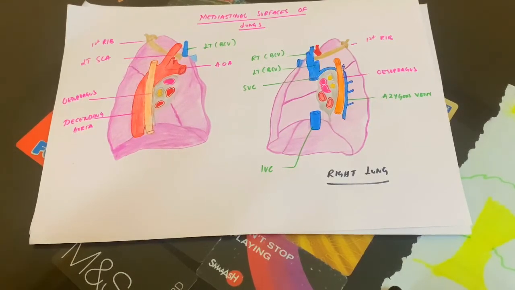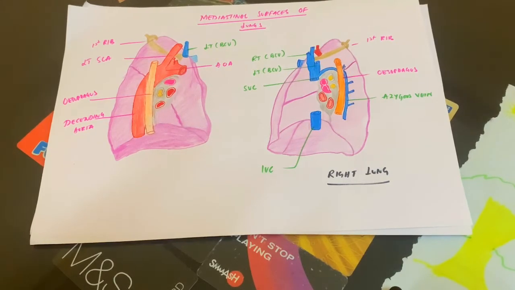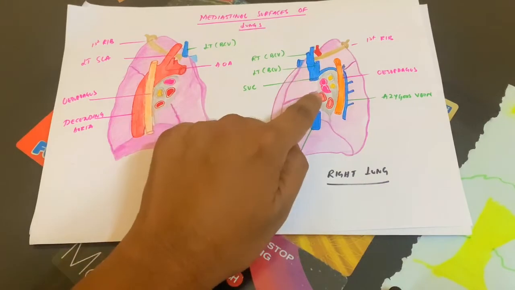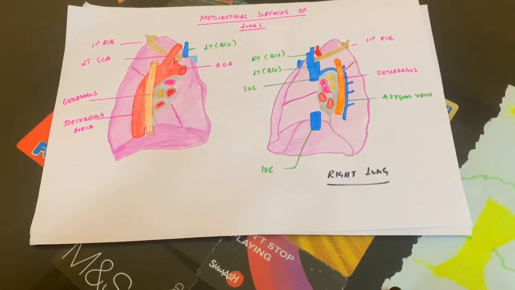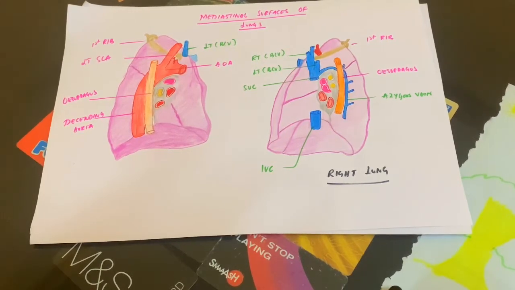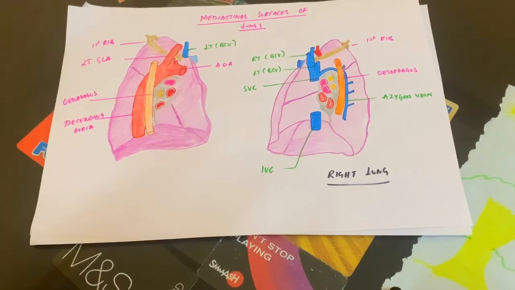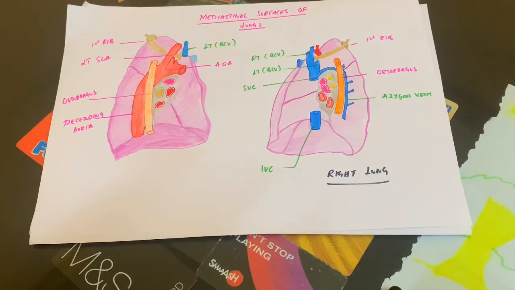When you see the medial surface of the left lung, you see a structure called the hilum. So this is the hilum. The hilum is where the structures enter into the lung or leave the lung. That particular point is called the hilum. There are some structures which are arranged at the hilum.